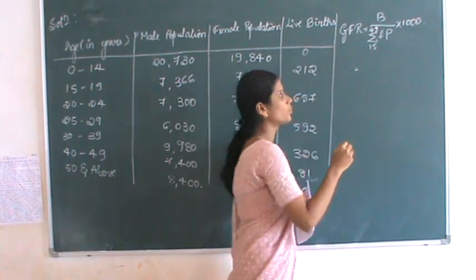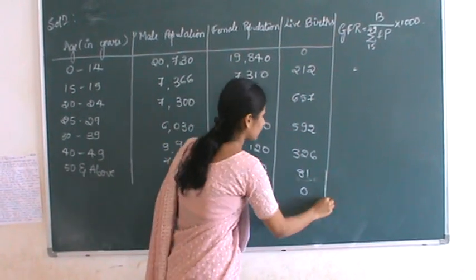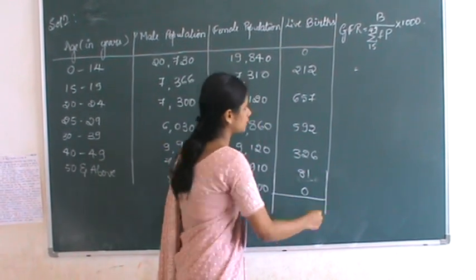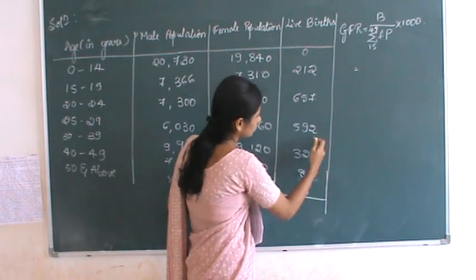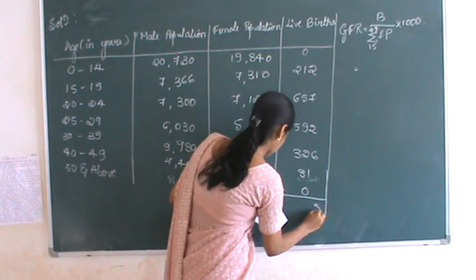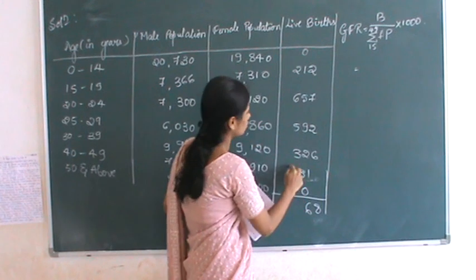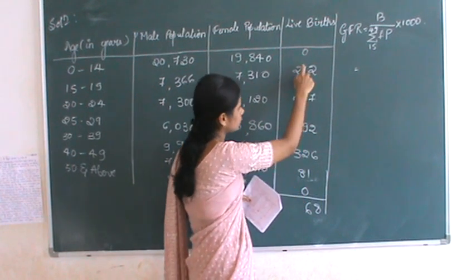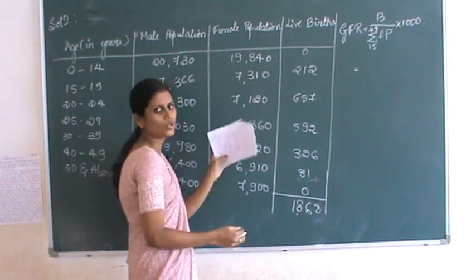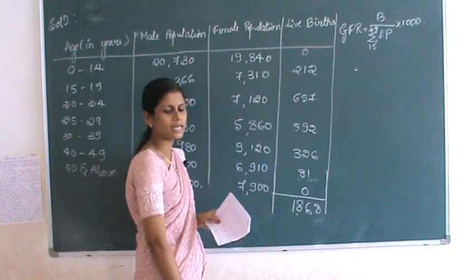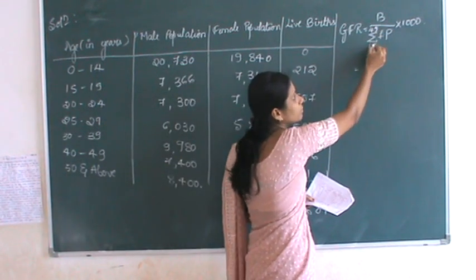First we need B. B is nothing but total of live births. Total of live births is 1868.